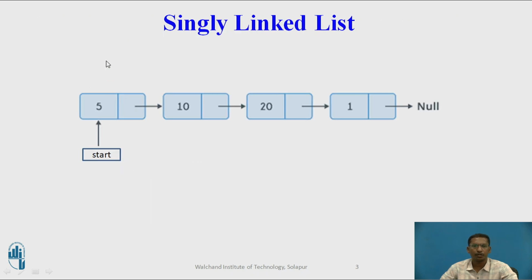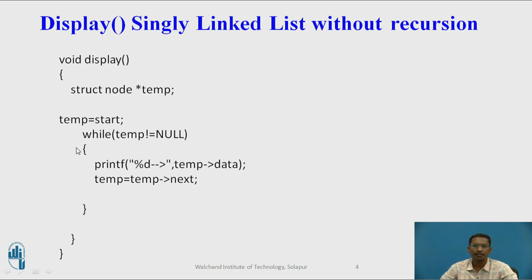So first time it will print 5, next time 10, next 20, next 1, and when temp moves forward, temp will have the value null. When temp reaches null, it will come out of the while loop. So this is the end of the function. We have not used recursion here. We have simply used a while loop for displaying the content of each and every node.